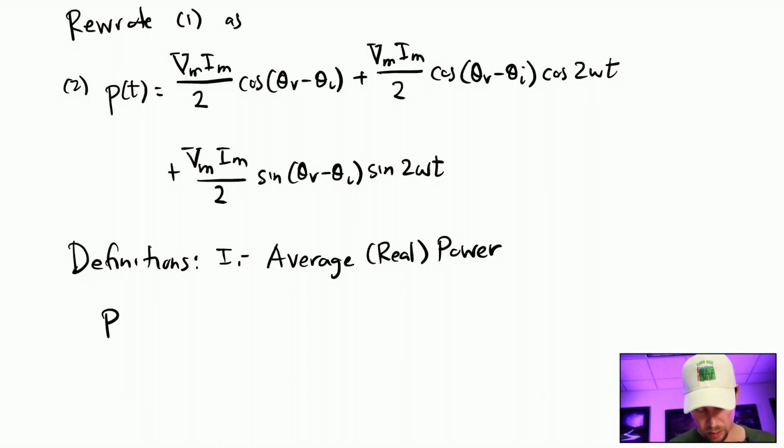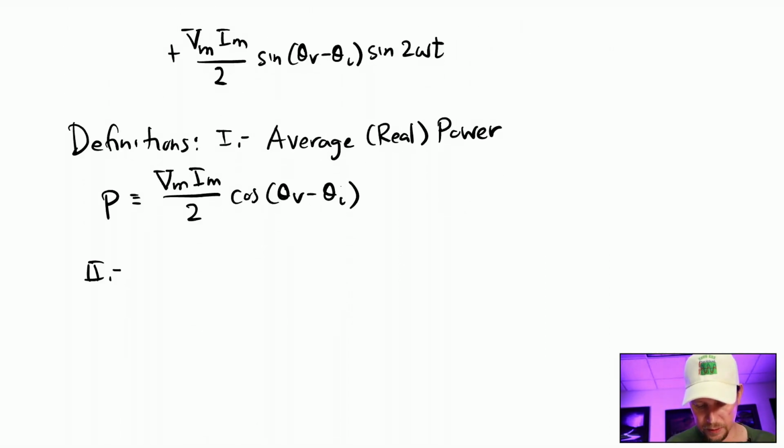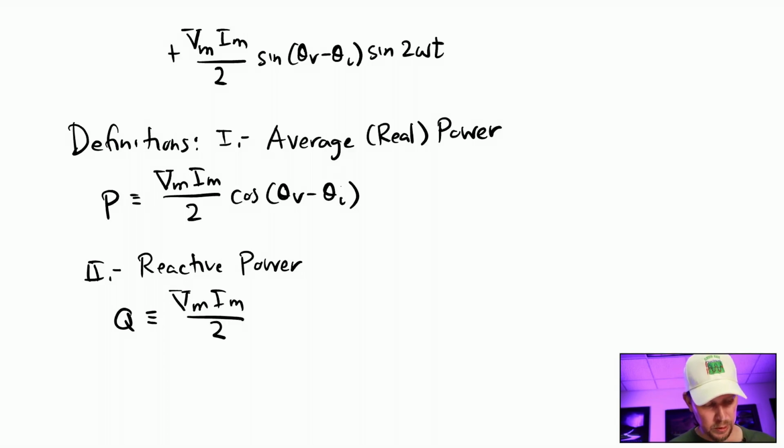And the symbol that we have for it is the capital letter P. And by definition, it is V sub m times I sub m over 2 times the cosine of theta v minus theta I, like this. The second definition is that of the reactive power. The symbol that we have to denote reactive power is Q, and by definition it is V sub m times I sub m over 2 times now the sine of theta v minus theta I.